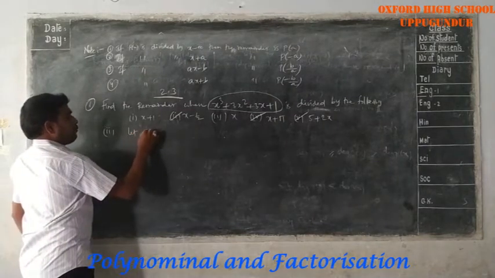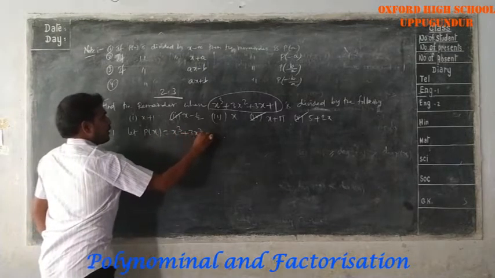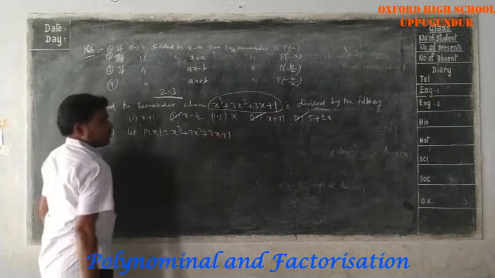So let p of x equal x cube plus 3x square plus 3x plus 1.